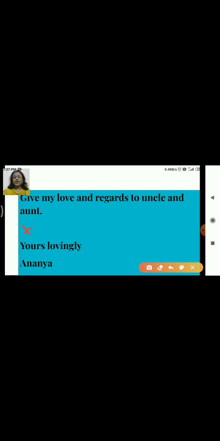Got it? Okay. So now just keep in mind one thing. Once you finish writing the right hand side page, suppose the page got over. So you have to turn the page and then you will start writing the letter on the right hand side page only, not on the left hand side. Left hand side page is meant for only format writing.